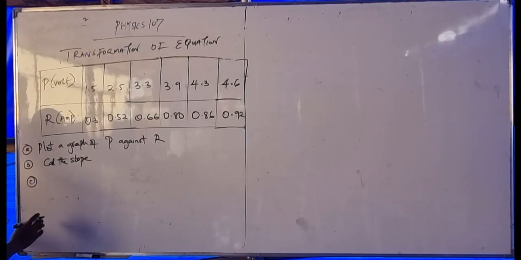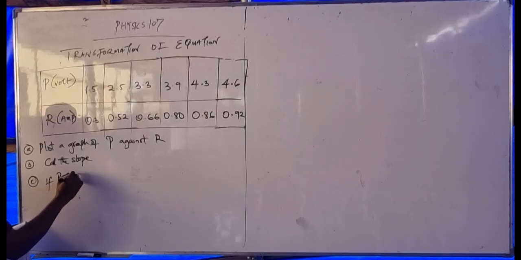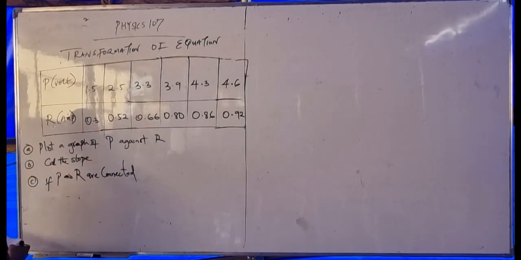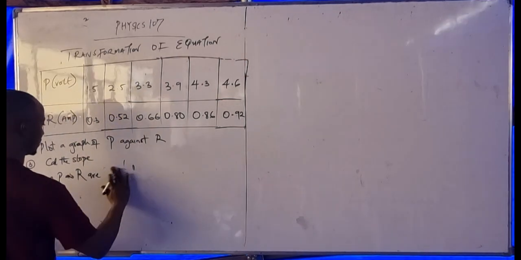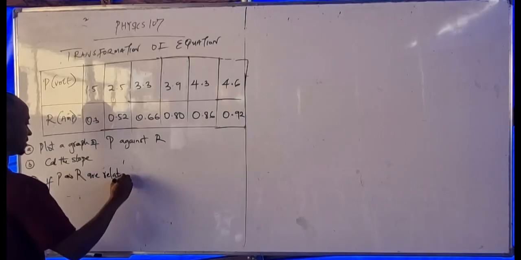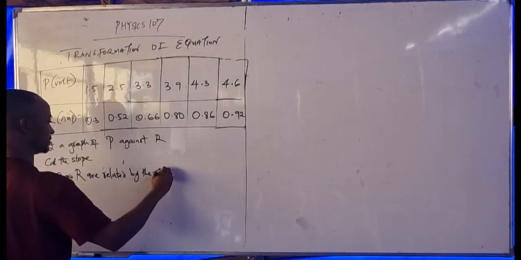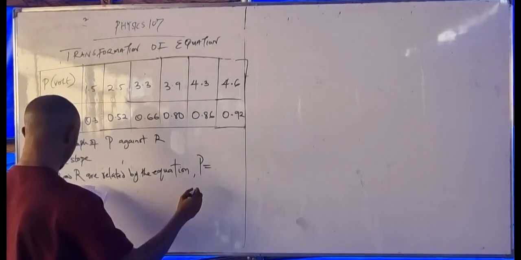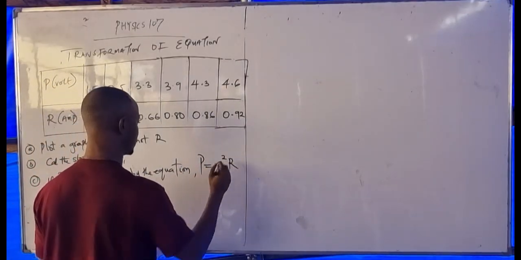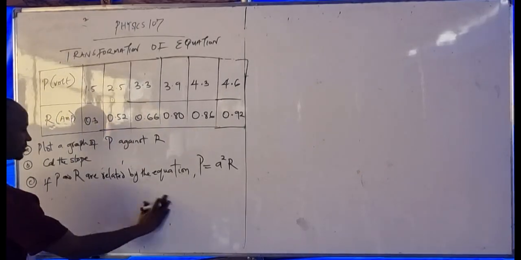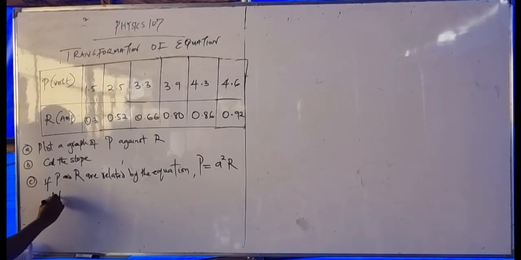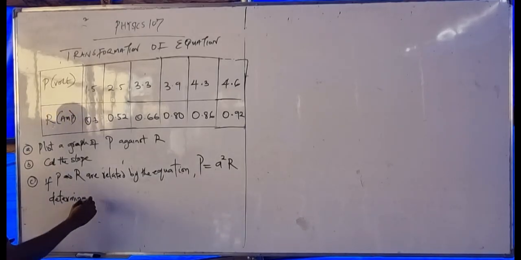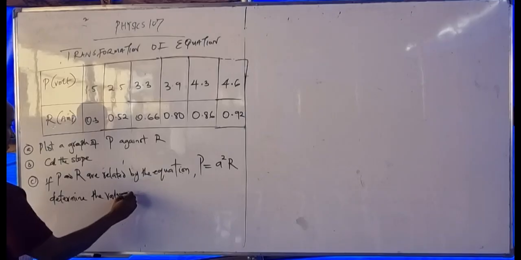The C part says if P and R are related by the equation P equals A squared R, determine the value of A.